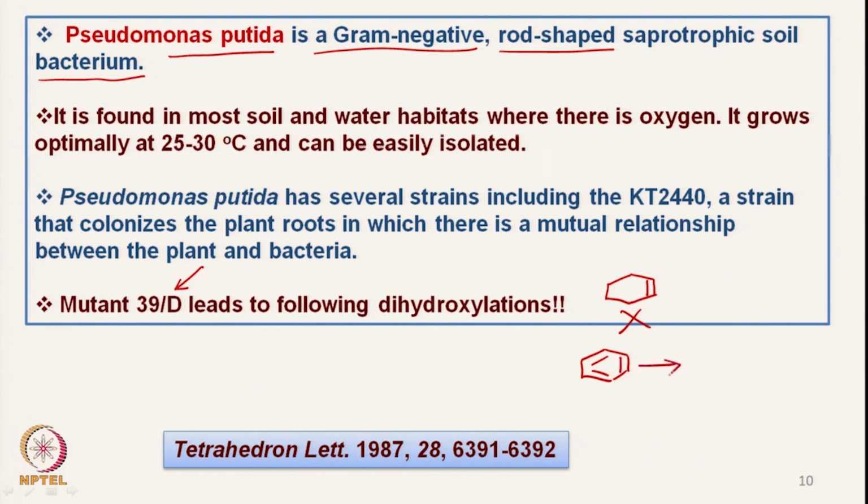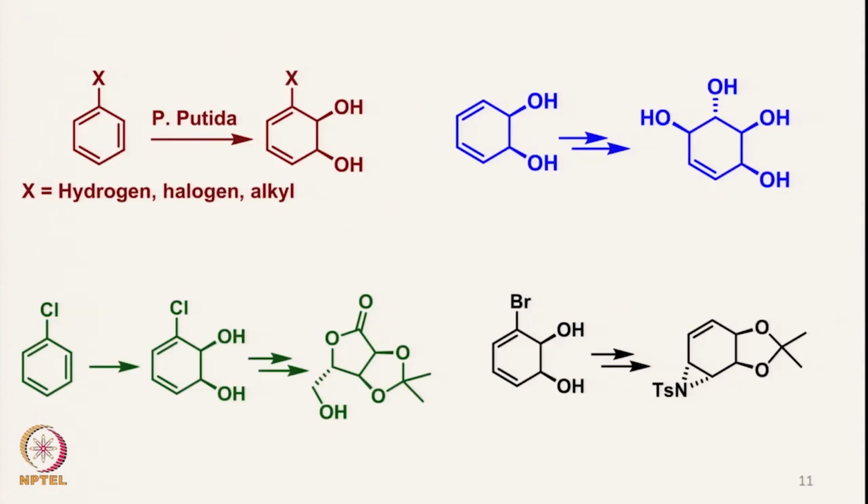If benzene is reacted, it leads to the corresponding dihydroxy compound, and that too leads to cis dihydroxylation. This is an interesting method to basically convert benzene or substituted benzenes into the corresponding cis 1,2-diol.